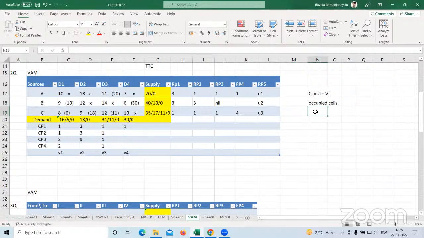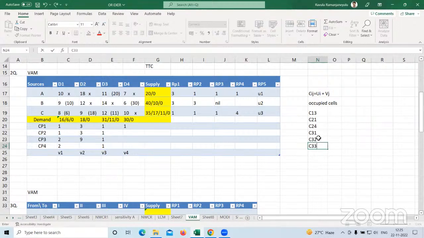I'll write them: C13, C21, C24, C31, C32, C33.